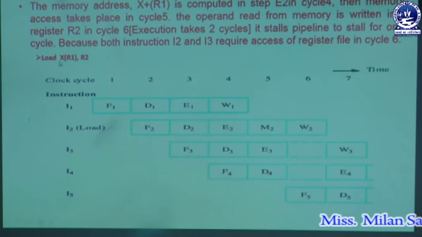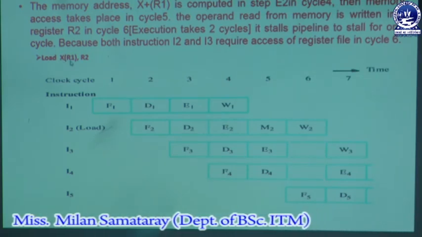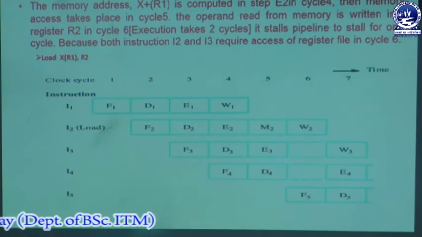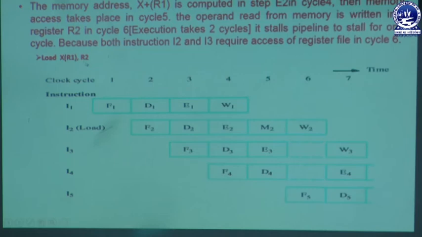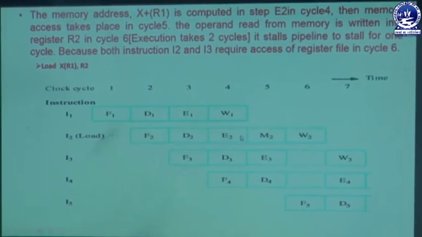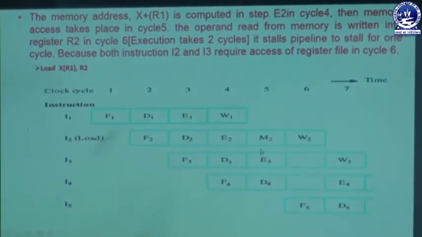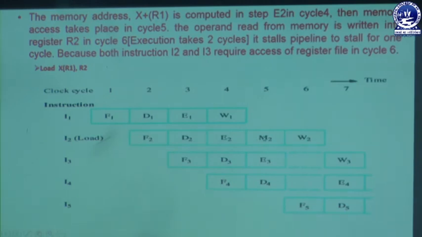So this offset value will be added with R1 to find the memory location of the operand, and then that operand will be read and loaded into register R2. So for I2, the main memory access takes place in cycle 5, and the operand which is read from the main memory is written into register R2 in cycle 6.